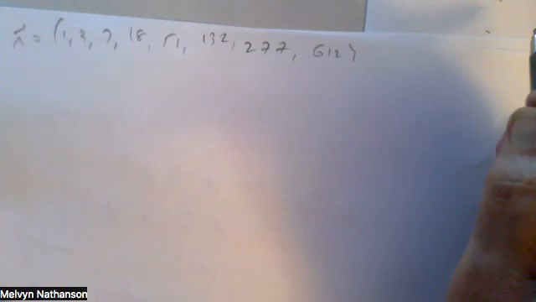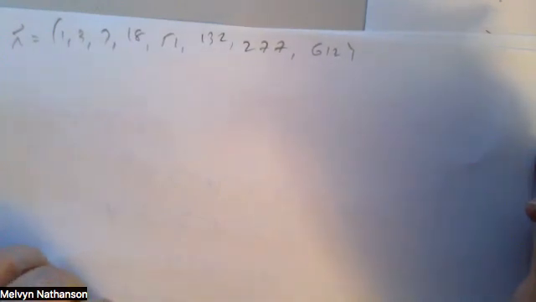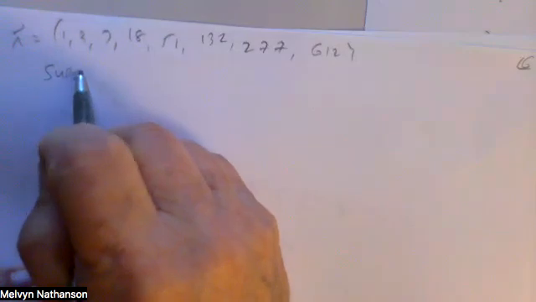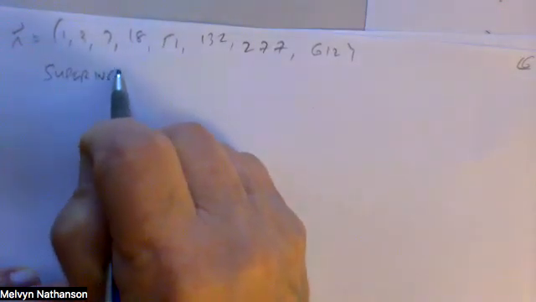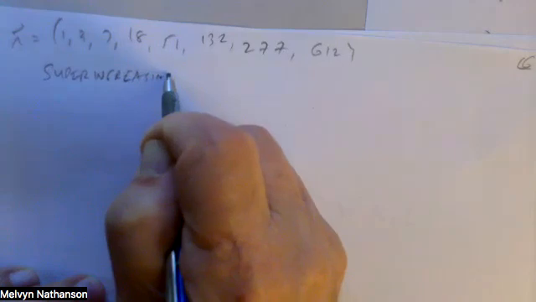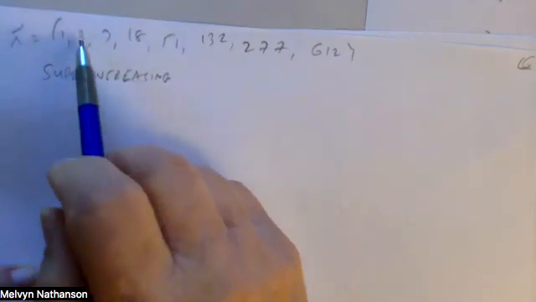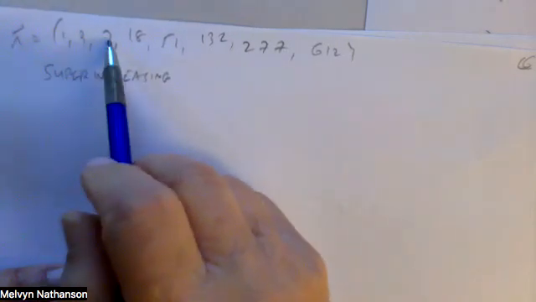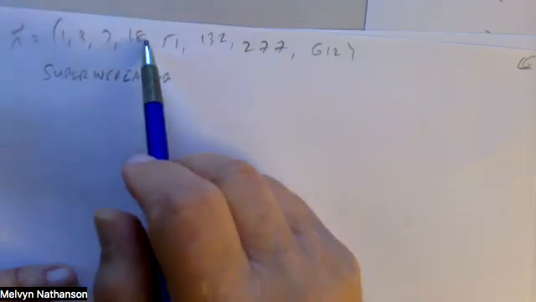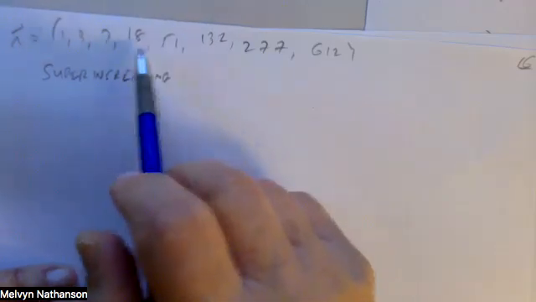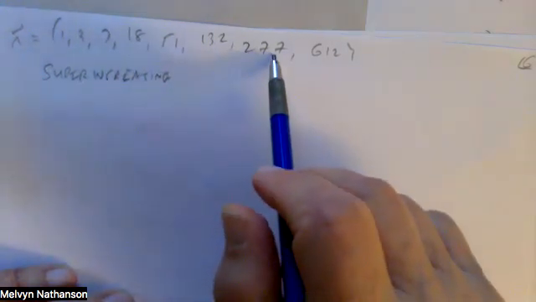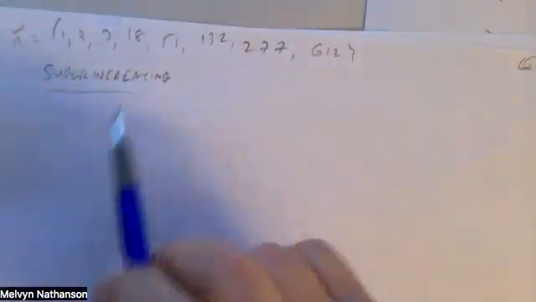And you can check just by looking that this sequence is super increasing. Three is greater than or equal to 2, 7 is greater than or equal to 6, 18 is bigger than 14, 51 is bigger than 36, 277 is bigger than 264, and so forth. So this is a super increasing sequence.